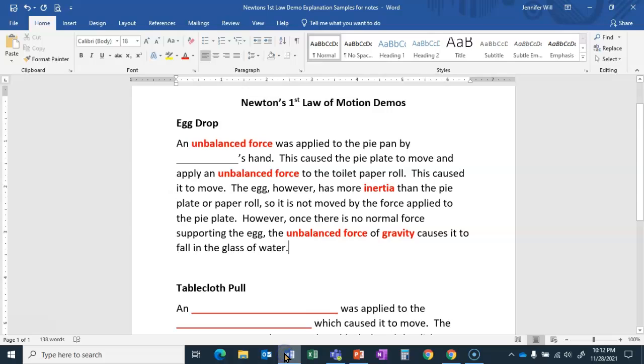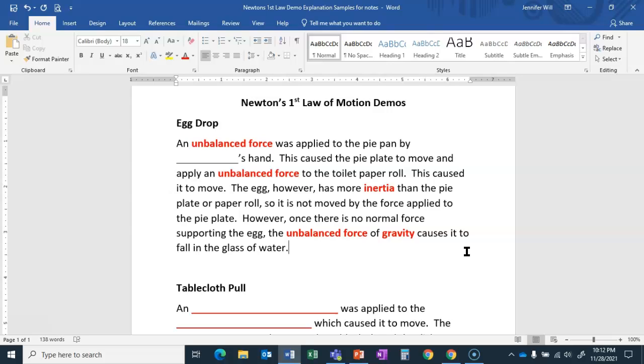So, we're going to start by taking a look again at Newton's First Law of Motion Demos paper. So you should have written for the egg drop what happened in that particular instance. So we should have there that an unbalanced force was applied to the pie pan by, you probably have Sophia's name in there, Sophia's hand, and this caused the pie plate to move and apply an unbalanced force to the toilet paper roll.